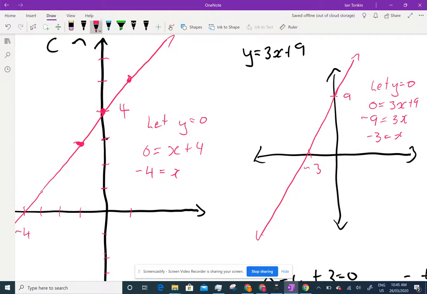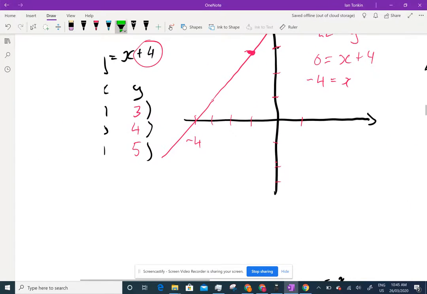The other way to think about it, if it's written in this form, to find the x-intercept, change the sign of that, negative 9, look over here, negative 9, and divide by that. That's what you're doing. If it's written in the form y equals mx plus c, you change the sign of that and divide by the coefficient of x.